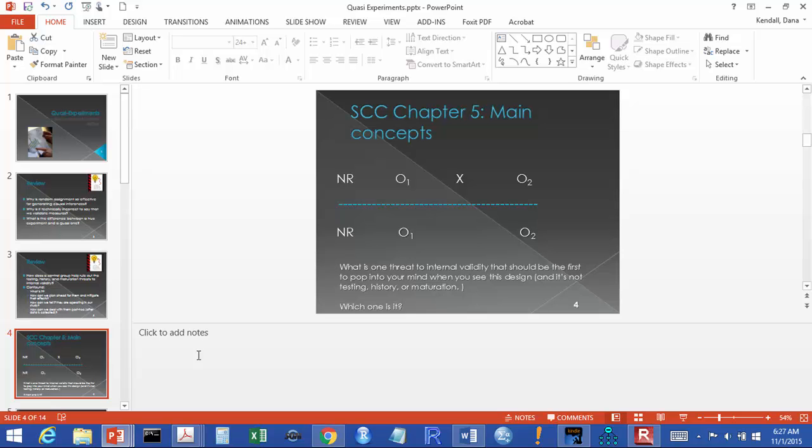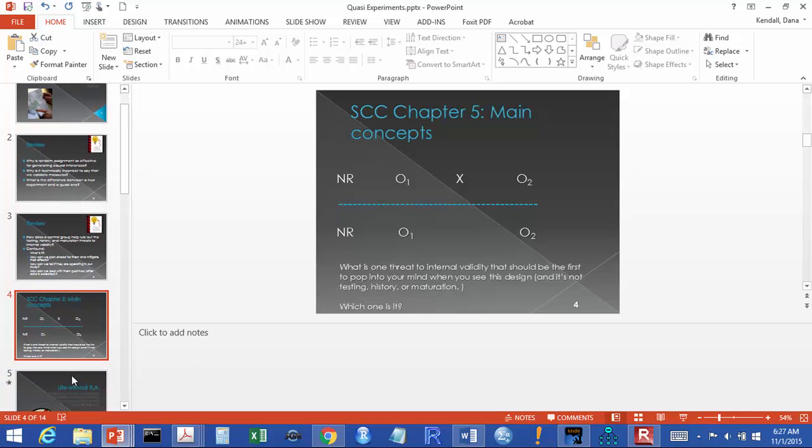However, the most probable one is probably selection, because you see that NR there, and that means that people volunteer to be in the intervention group, for example, or they're assigned by convenience or some other method. So the first threat that should pop into our mind is selection. Selection is the base threat for this design when you see that NR there.